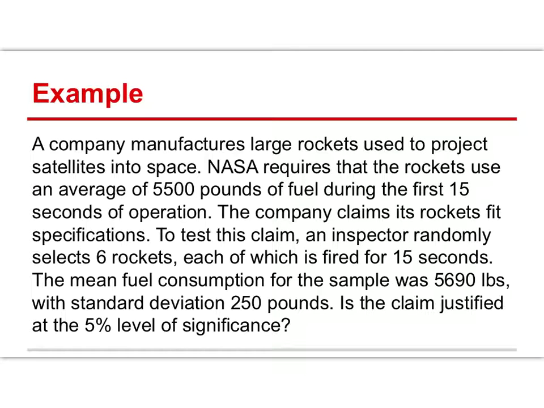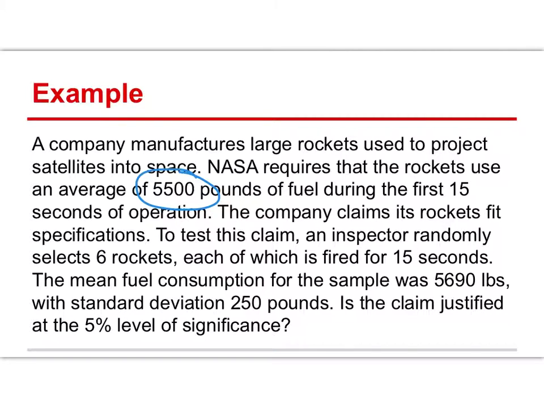So let's do an example problem. A company manufactures large rockets used to project satellites into space. NASA requires that the rockets use an average of 5,500 pounds of fuel during the first 15 seconds of operation. That 5,500 is probably pretty important to us. The company claims its rockets fit specifications, which is good. They all claim that. But we're going to test that.